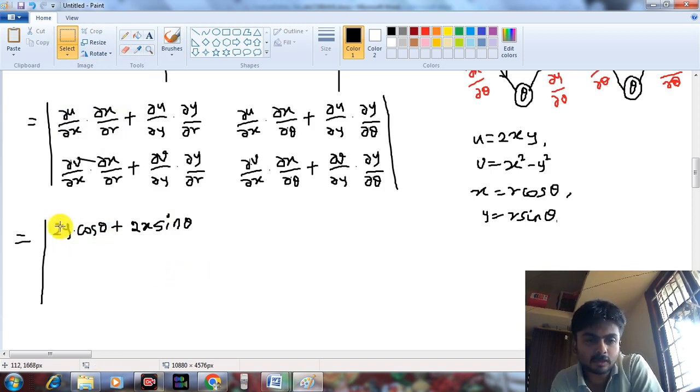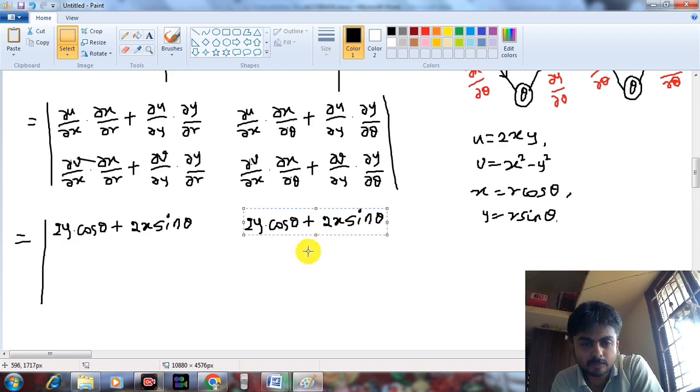Now we have to copy the complete thing, control plus C, control plus V. I shall copy everything here, but only the term what will get changed. ∂v/∂x is 2y, but ∂x/∂θ will be different here, and here also ∂v/∂y, but ∂y/∂θ will be different.